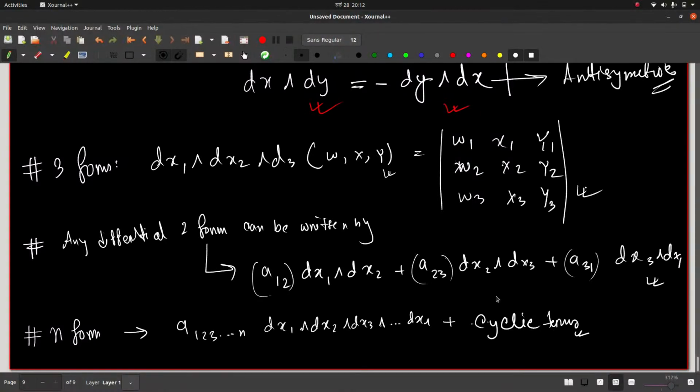So this is how we can write down any differential n form as well, but for now we will mostly focus on differential 2 forms and differential 3 forms. So let me get to another page. Okay, so again, these differential forms, even if you go for n forms, will also give you some determinant and stuff.